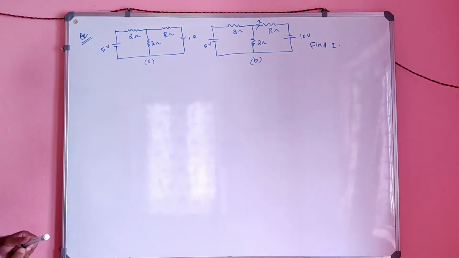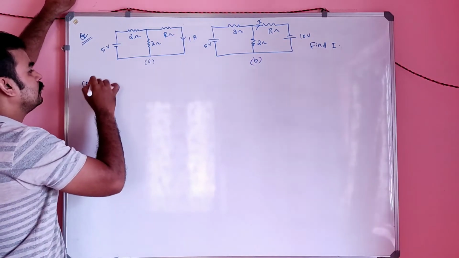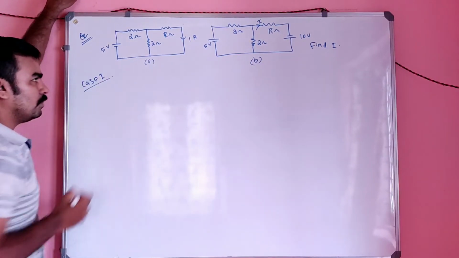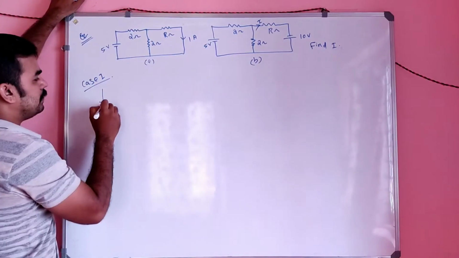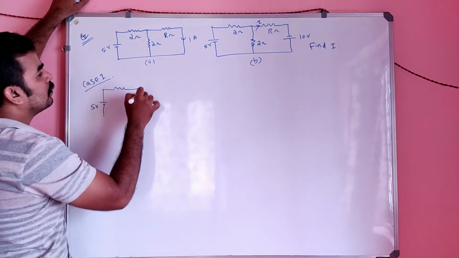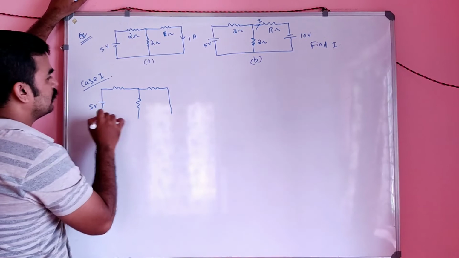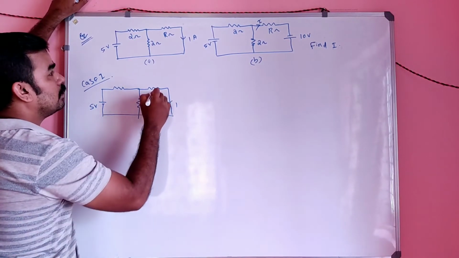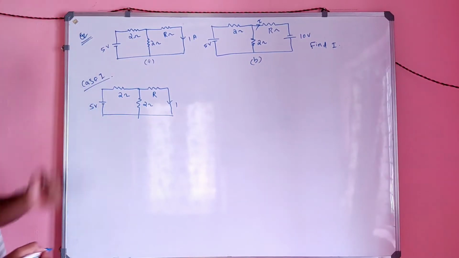I have to take case 1. In my case 1, I took simply 5 volt, this is 1 and this is R, this is 2 ohm, 5 volt.